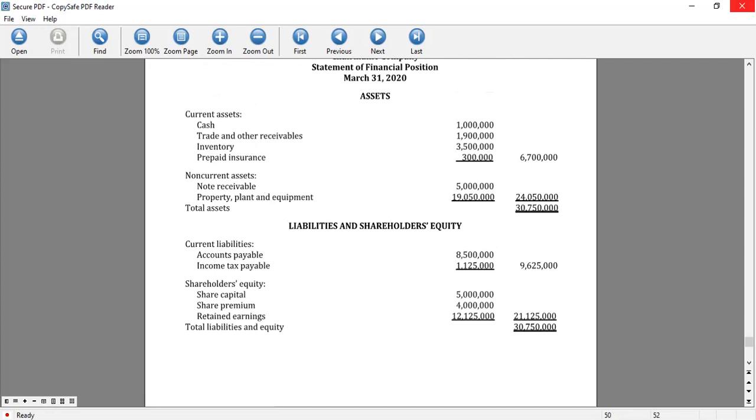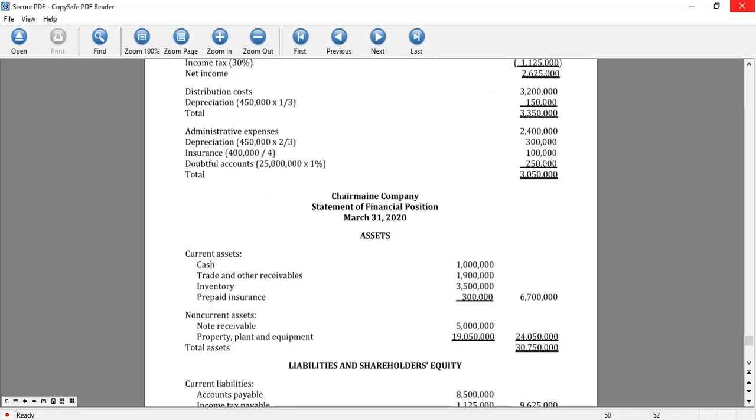That's the inventory. Then the prepaid insurance, initially it was 400,000. This is good for 1 year or 4 quarters, and 100,000 is already expired in the income statement. Your insurance expense is 100,000, so the prepaid insurance balance is 300,000. For the non-current assets, we have the notes receivable equal to 5 million.